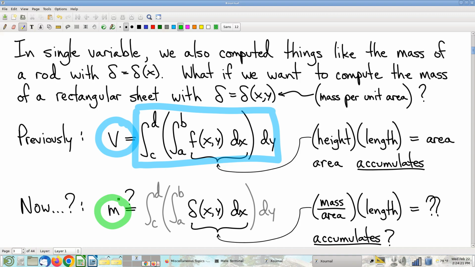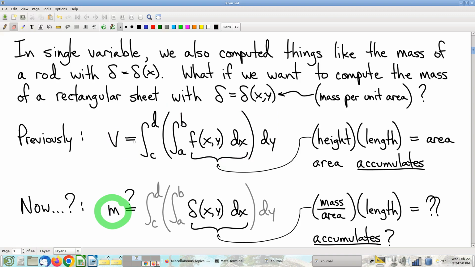Maybe I have literally a sheet of metal, and the alloy that makes it up is not constant. It's more iron on this side, and it's more aluminum on this other side, so the density varies. Well, in single variable, the same kind of integrals that compute volume compute mass. Now here in multivariable, wouldn't you think that the same kind of integrals to compute these volumes should also compute mass? Seems like a reasonable speculation.